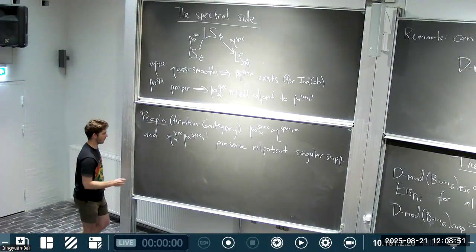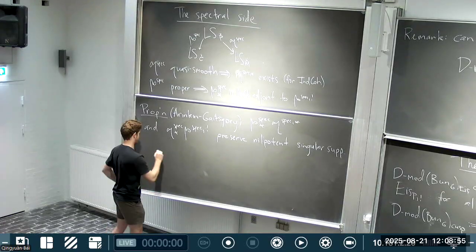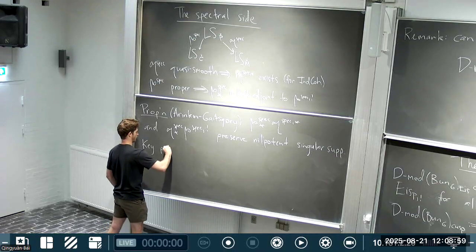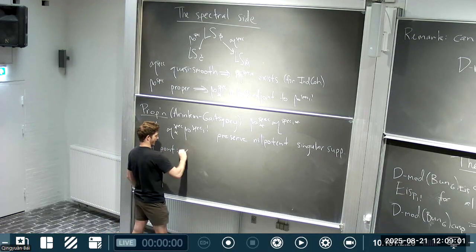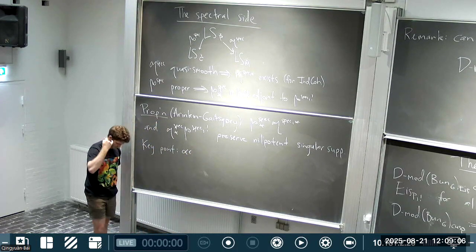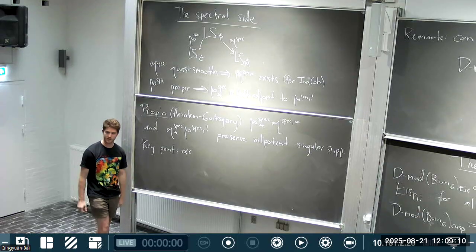I think the only point at which you have to actually use anything about the theory is that when you talk about singular support, you're talking about sections of some local systems attached to the coadjoint representation or something.